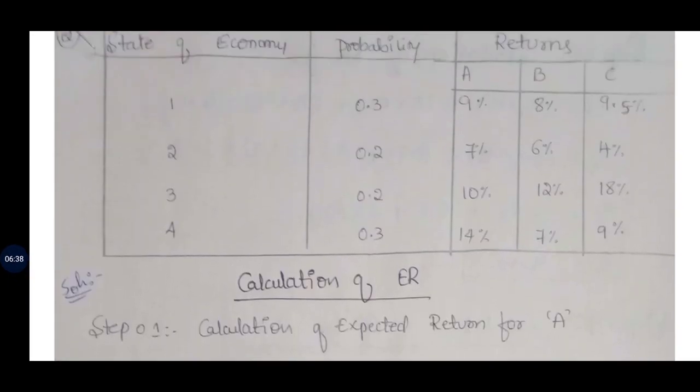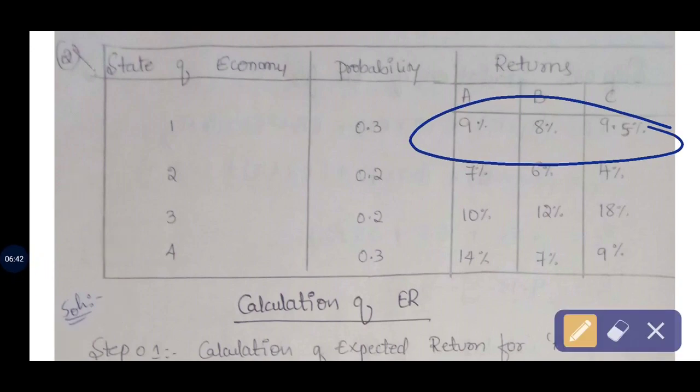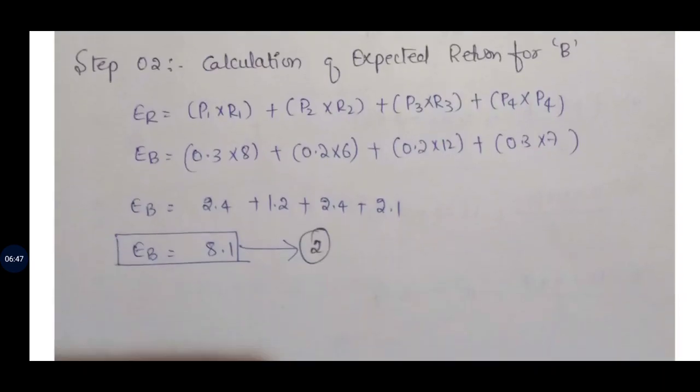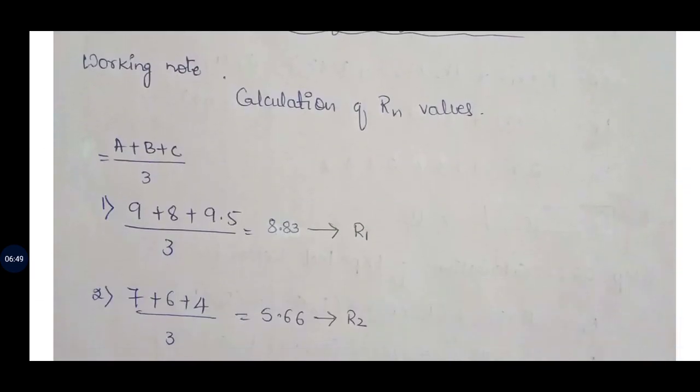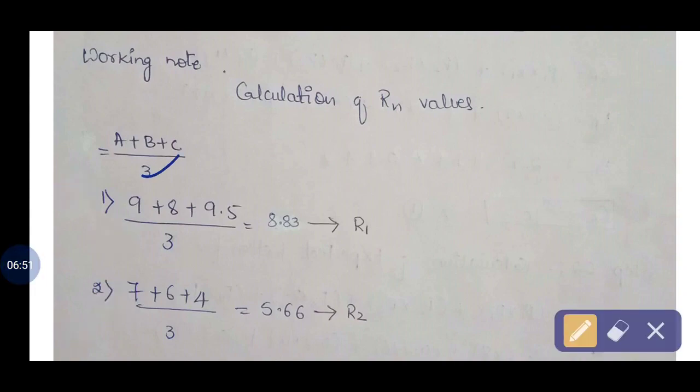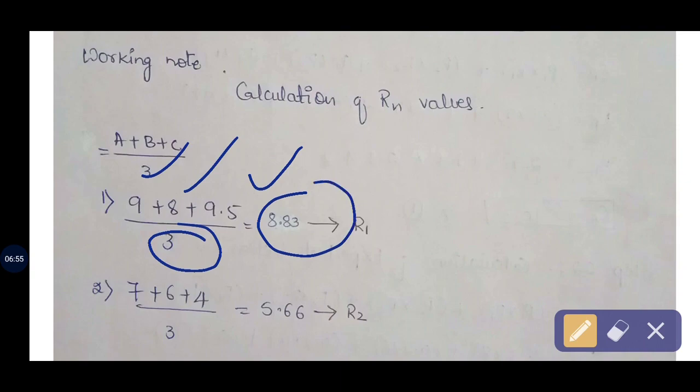So first, the returns of A, B and C, that is 9, 8 and 9.5 divided by 3, will be 8.83, which is the value of R1.